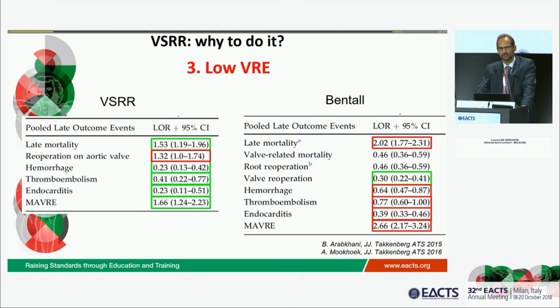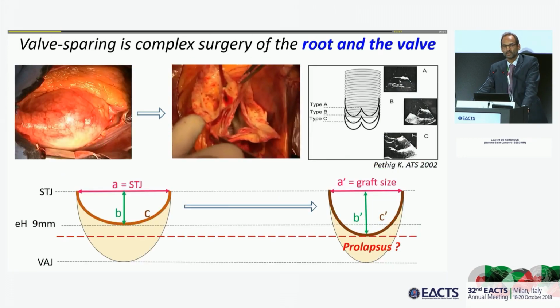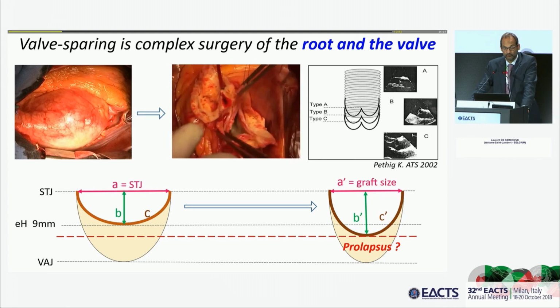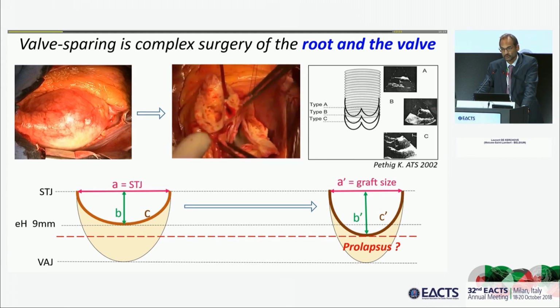Also, valve-related events compare very favorably to the Bentall operation in valve sparing: lower endocarditis, lower bleeding, lower thromboembolic events. But effectively, it's a complex operation of the aortic root, but also of the leaflets.